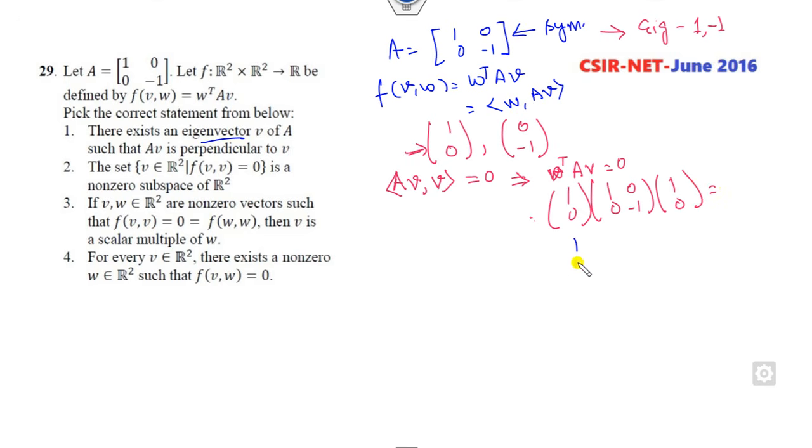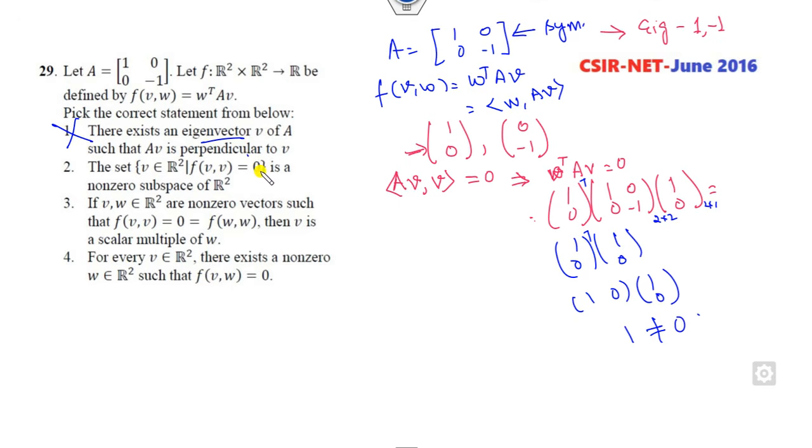It clearly comes out to be 1, which is non-zero, but they are perpendicular. So the first option is cancelled out.